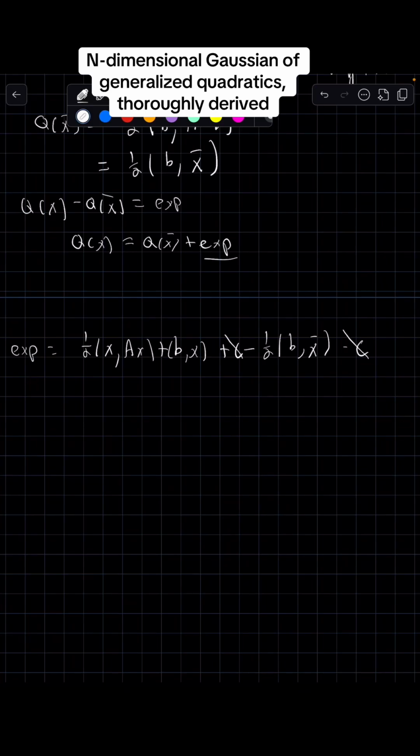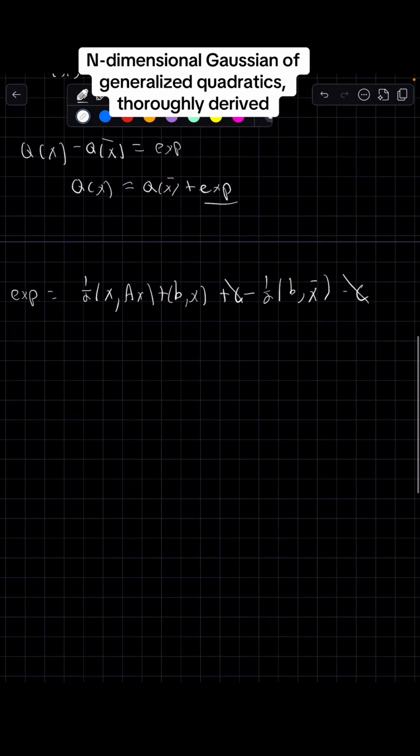The c's cancel. Equals 1/2 x A x plus b x minus 1/2 b x bar. Okay. What is this? This looks really ugly and not useful at all.